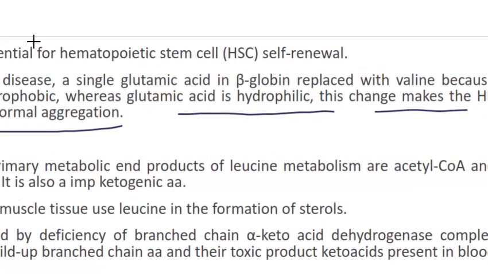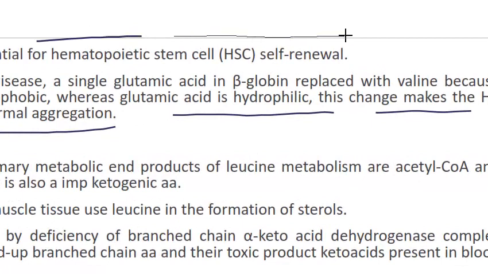What is the symptom of sickle cell disease? Hemoglobin is prone to abnormal aggregation, right? Now leucine: the primary metabolic end products of leucine metabolism are acetyl coenzyme A and acetoacetate. It is a very important ketogenic amino acid. What is a ketogenic amino acid? This was asked in the last CSIR exam.